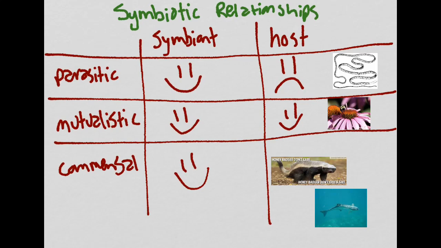The sharks aren't affected. The suckerfish doesn't hurt them or help them. But the suckerfish might be helped because scraps of the shark's food will float down and the suckerfish will be able to eat it. So it's easy access to food for the suckerfish, but the shark isn't helped or hurt.